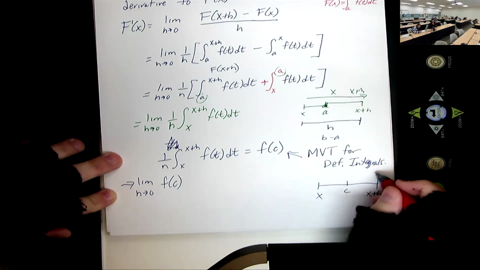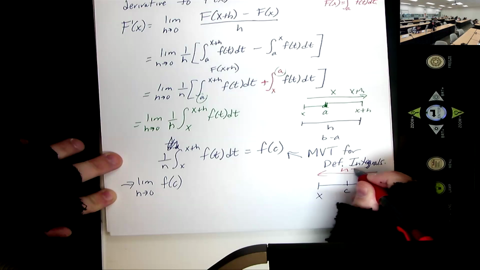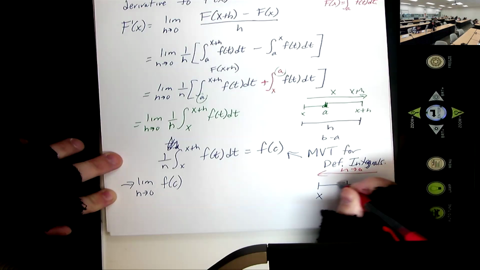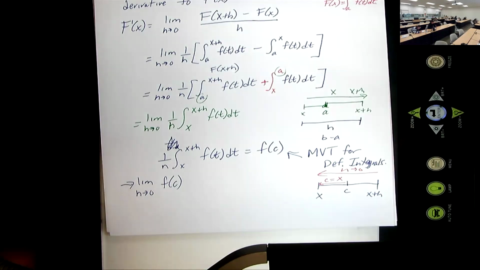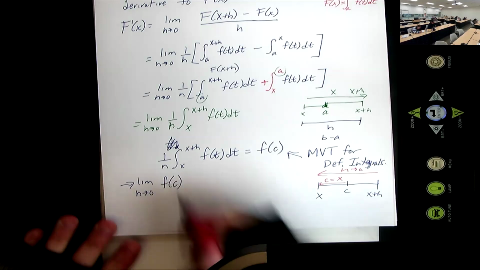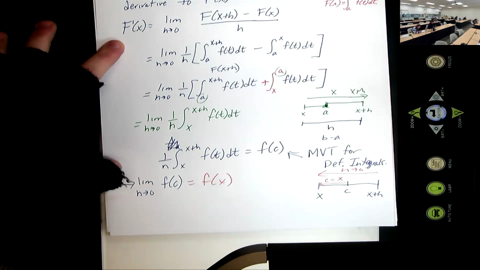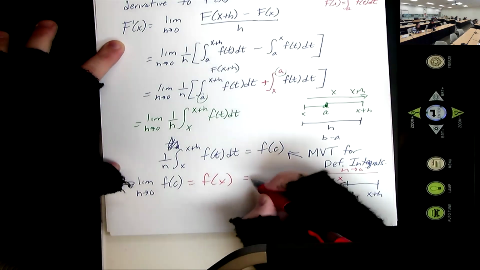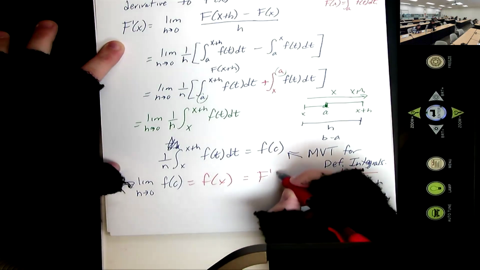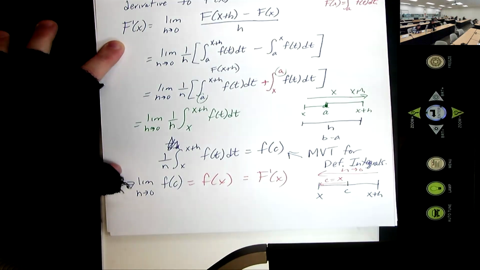If h goes to 0, doesn't that force c to go to x? c constantly is in the middle between the two, and as h gets smaller and smaller, it's pushing c down to x. And this is what we were trying to show. That is f of x, which is what we started with.